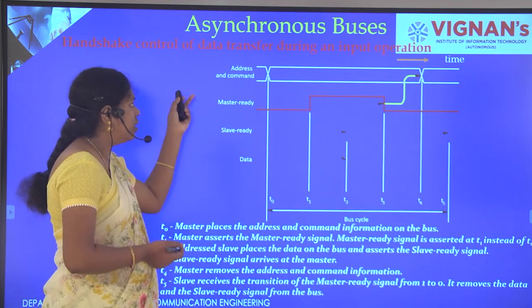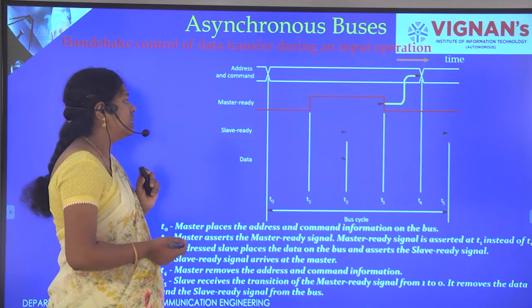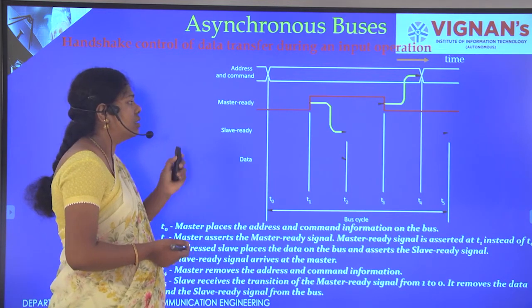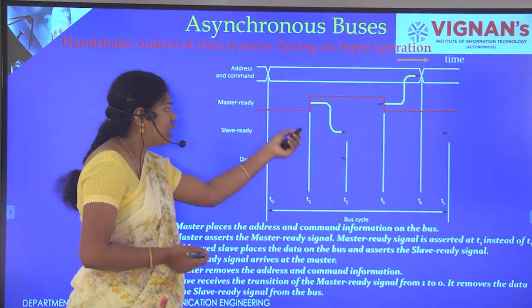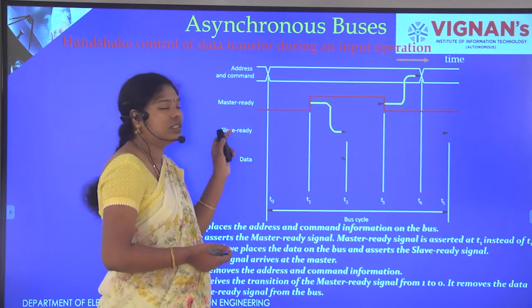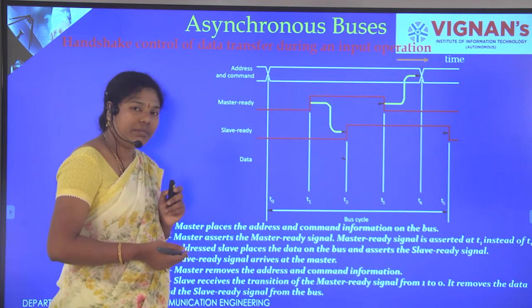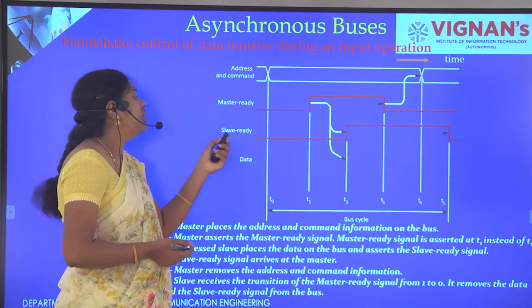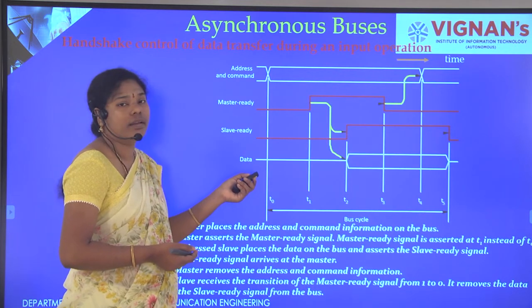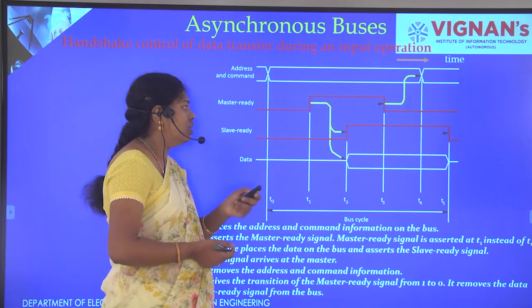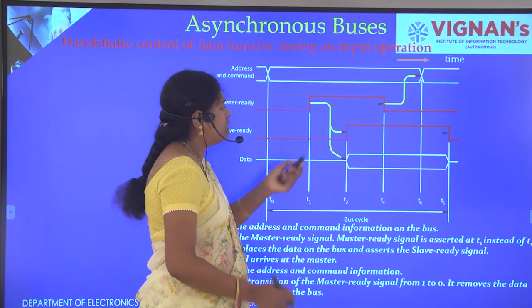The master has to place the address and command, and it has to assert the master ready signal. Whenever the master ready signal is asserted, the slave has to place the data on the data bus. At the same time, it has to assert data is ready. Now the data is available and it indicates the slave is ready.